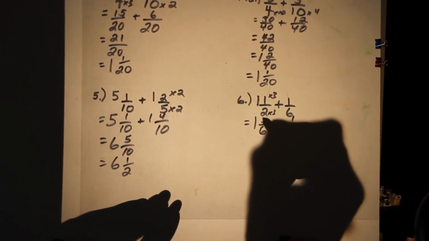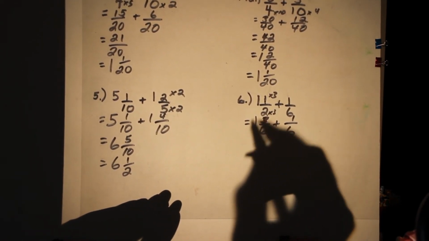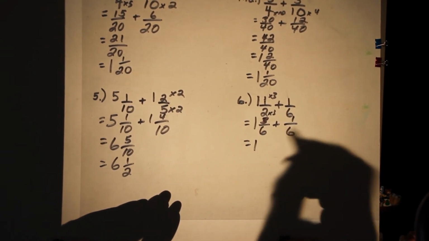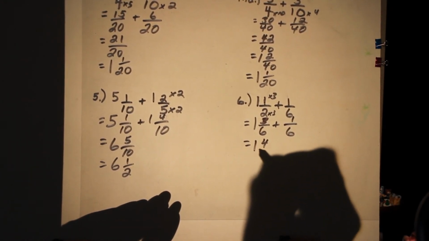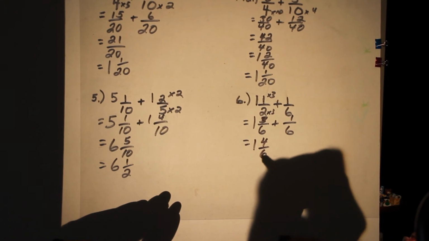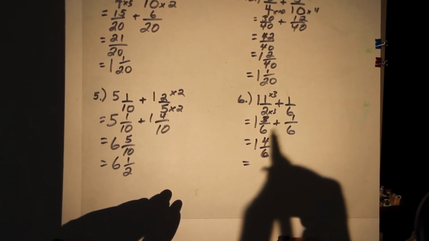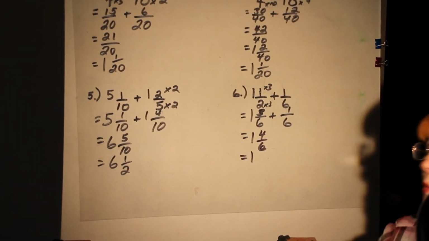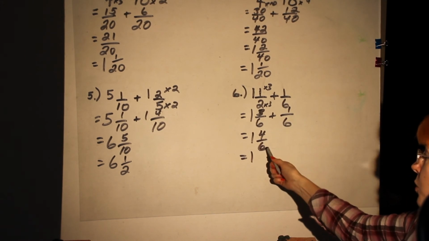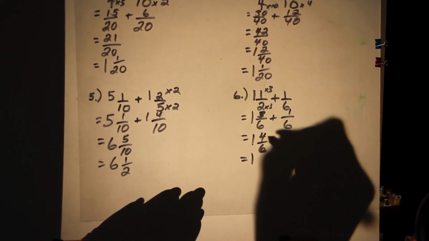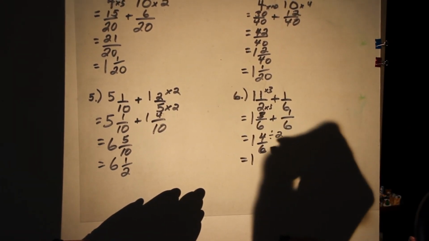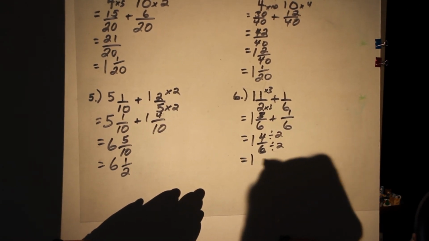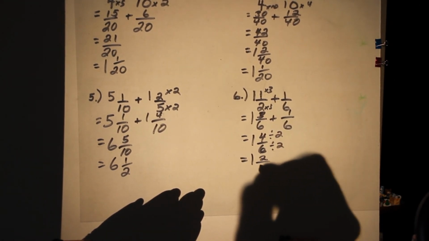Oh dear, that's not a very good 3. So we end up with a whole number and 4 over 6. When I reduce it again, because 2 will go into 4 and 2 will go into 6. So divide by 2, divide by 2. So I end up with 1 and 2 over 3.